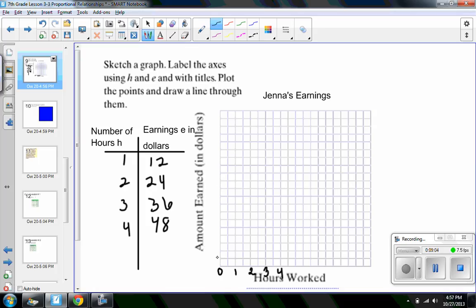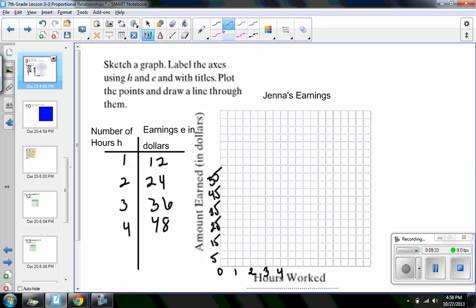So 0, I'm going to skip a line, and we'll skip a line here. Put 0, 5, and the next 10, 15, 20, 25, 30, 35, 40, 45, 50, 55.